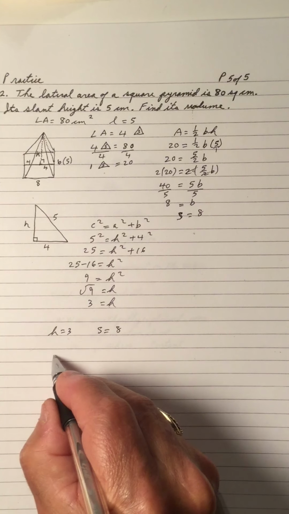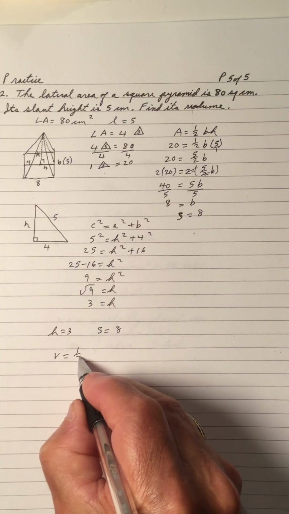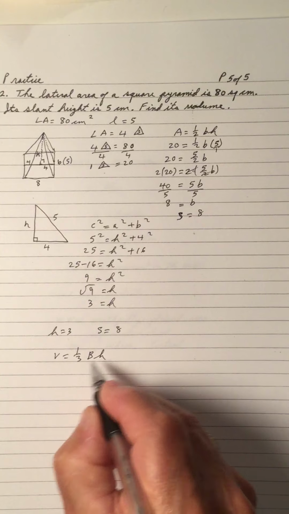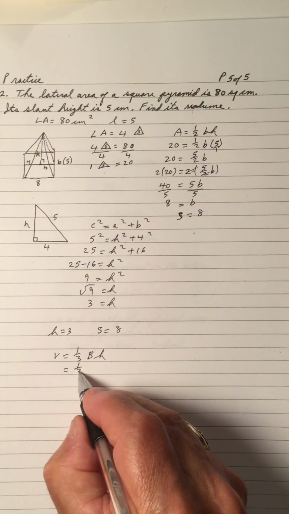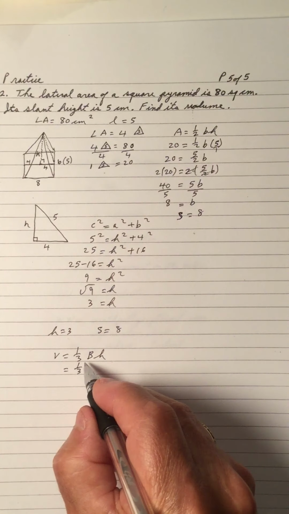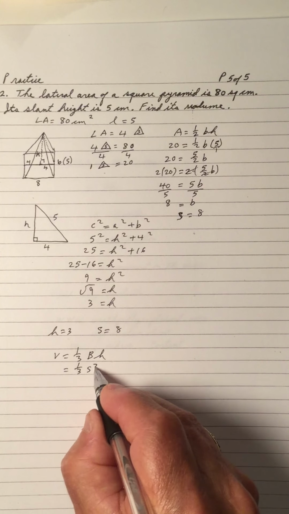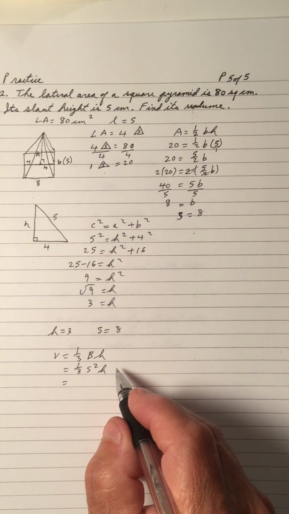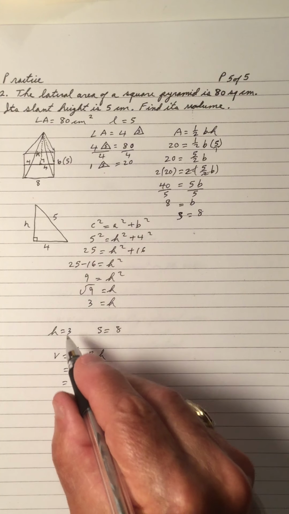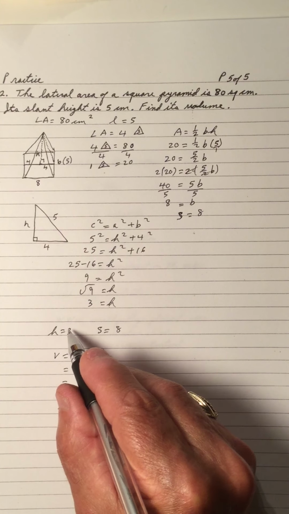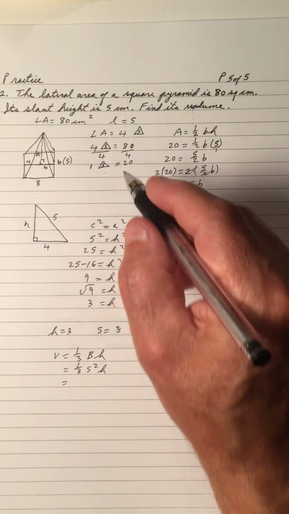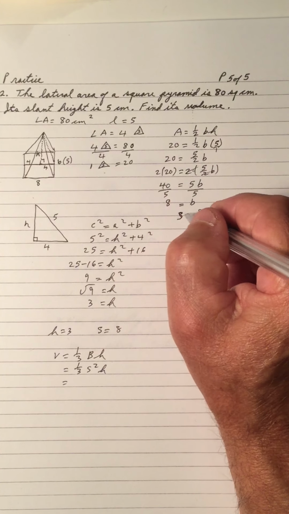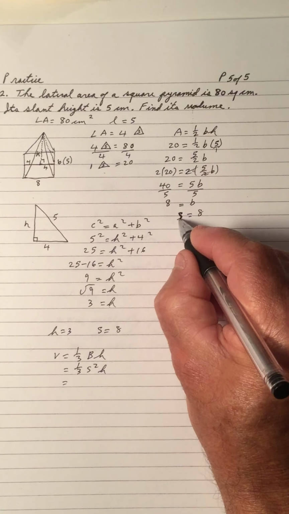So we have the volume, 1/3 base area times height. Remember the volume of a square pyramid: 1/3 s squared h, so we needed the s and the h. So we had to do the Pythagorean theorem to get the height of 3, and we had to work out the area formula to get the length of the side, which is 8.